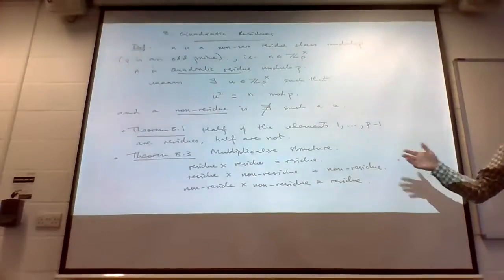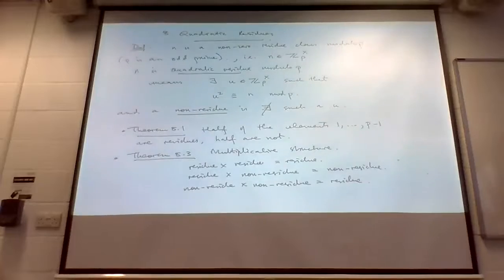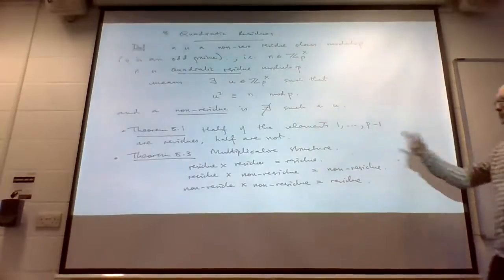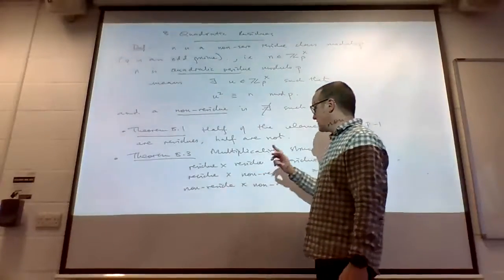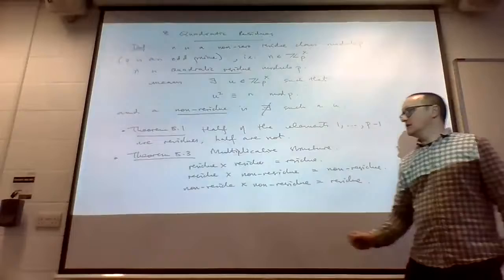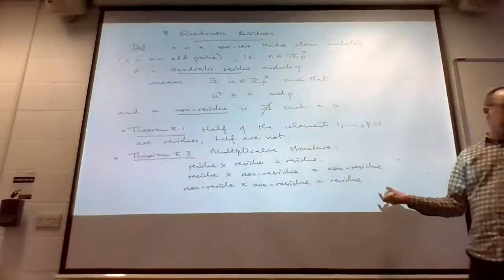When we were discussing this, I persuaded you to think about it in the way you think about the multiplicative structure of positive and negative numbers. Multiply two positives, you get a positive. Multiply a positive and a negative, you get a negative. Multiply two negatives, you get a positive.